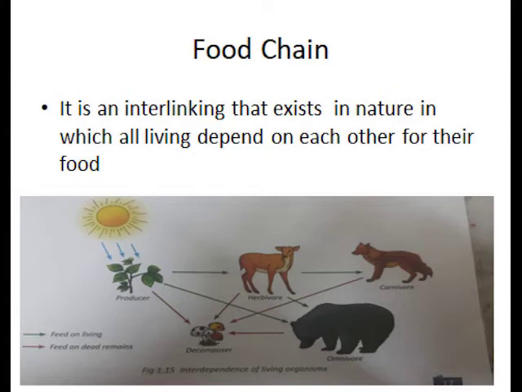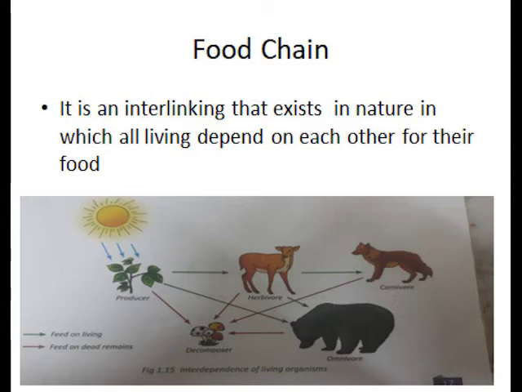See in this picture, there are the producers, which are green plants. These plants make their own food by the process of photosynthesis, using carbon dioxide from the air, water and minerals from the soil, and sunlight from the sun. These producers are also called the autotrophs. Autotrophs are those who prepare their own food.